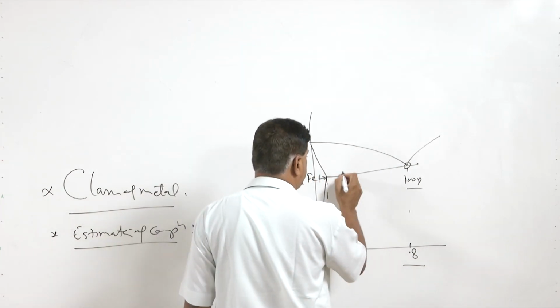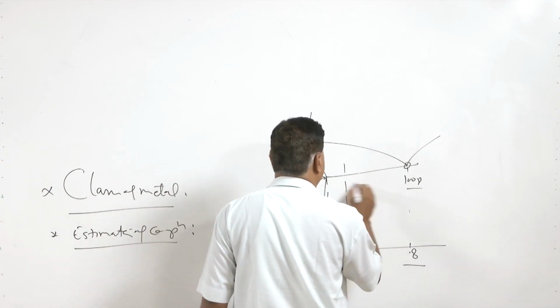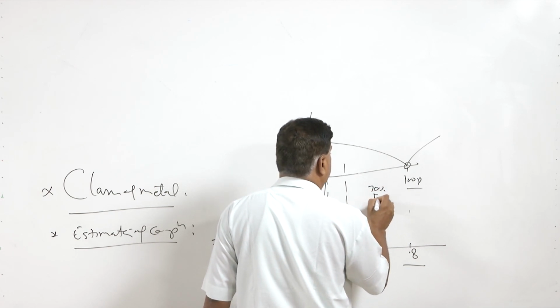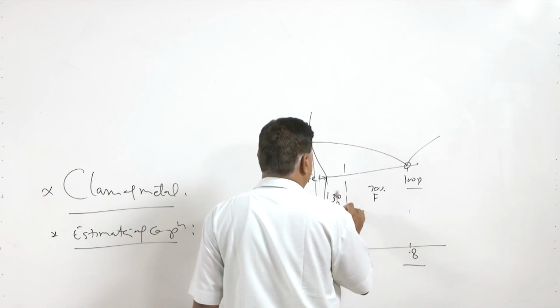Between these two, if we have steel of a particular composition where the fraction of the ferrite is say 70% and 30% is pearlite.